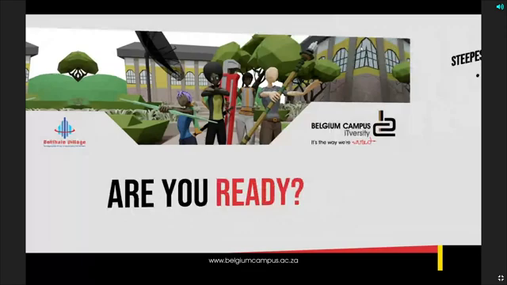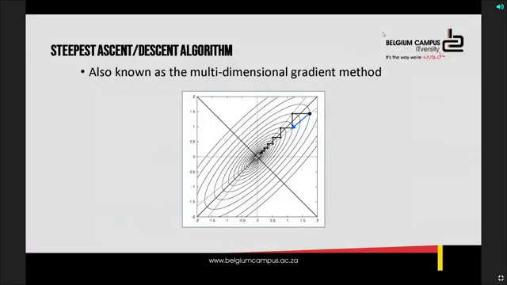Okay, so your last algorithm is the steepest ascent or descent algorithm. We also call it a multidimensional gradient method, multidimensional because you've got more than one variable. Remember, if you have only one variable, you'll use the golden section search algorithm and work with intervals for that one variable.